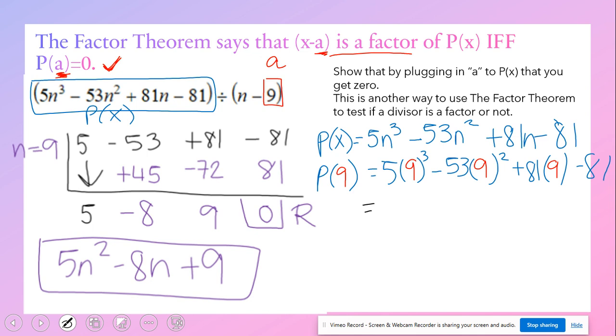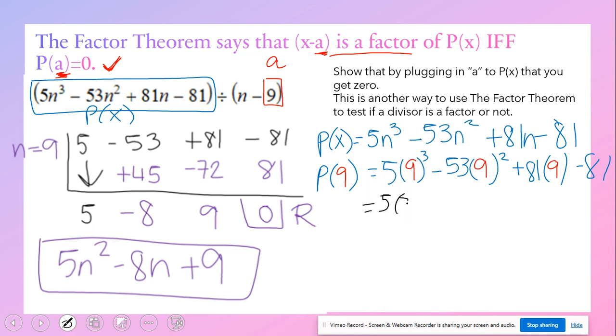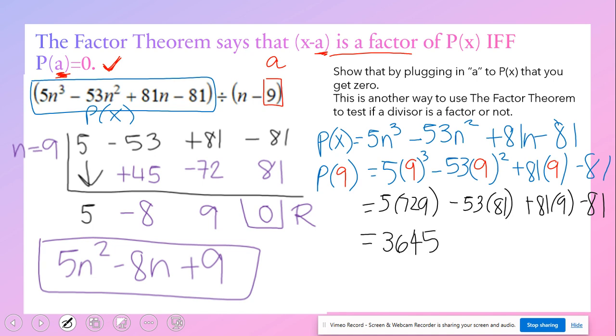So 5 times 9 to the third, 9 times 9 times 9 is 729. So that becomes 5 times 729. 53 times 9 squared, 9 times 9 is 81. So I'm just going to plug this in. Plus 81 times 9 minus 81. And then it just becomes a calculator problem. 5 times 729 is 3,645. 53 times 81 becomes 4,293. 81 times 9 is 729.